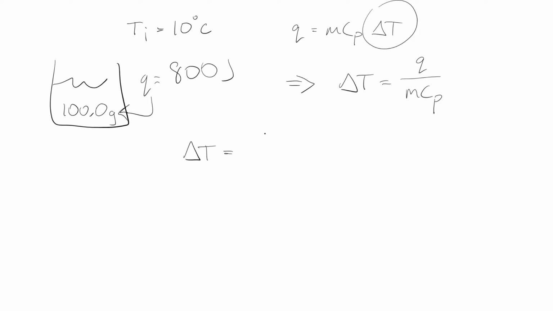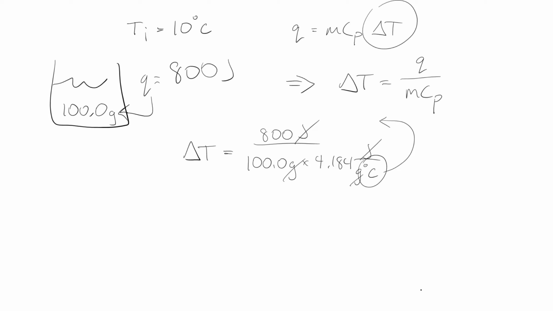Delta T is equal to 800 joules divided by 100.0 grams times 4.184 joules per gram degree Celsius. Grams cancel, joules cancel, so the units do work out.